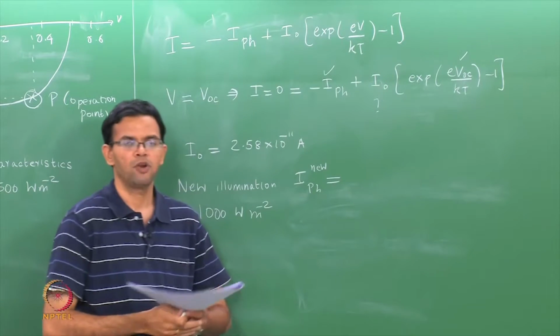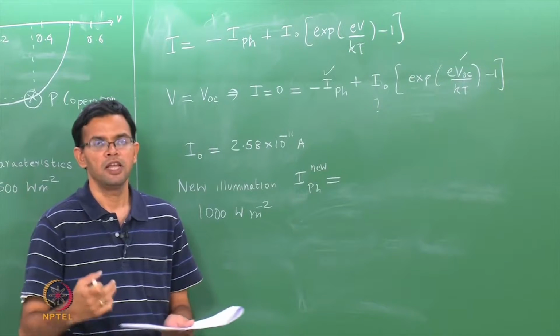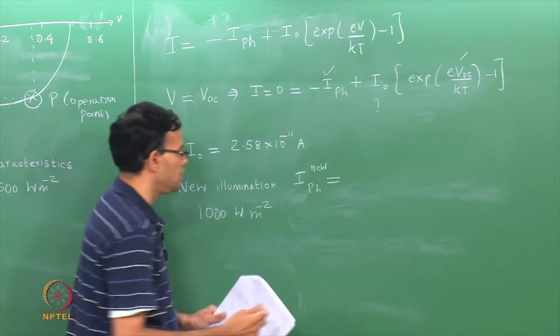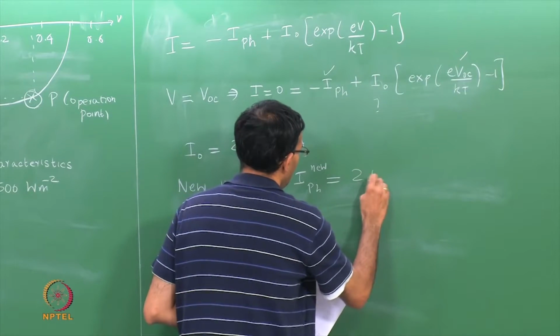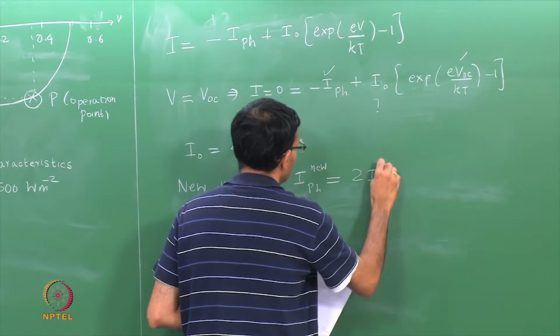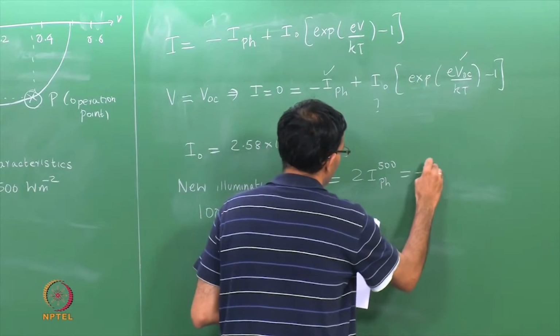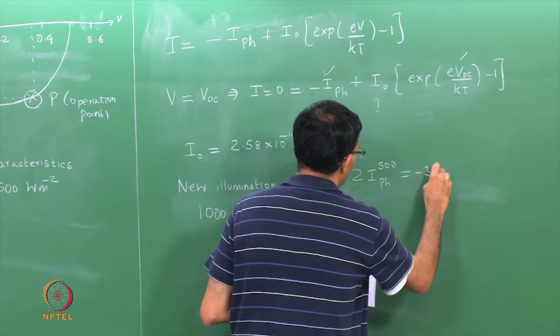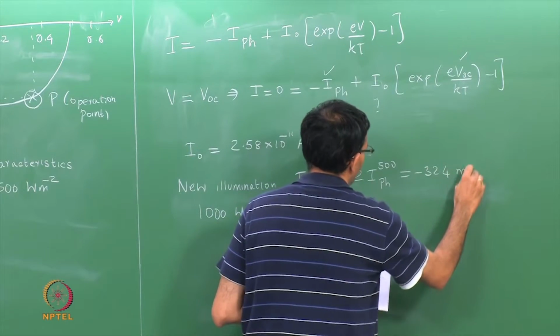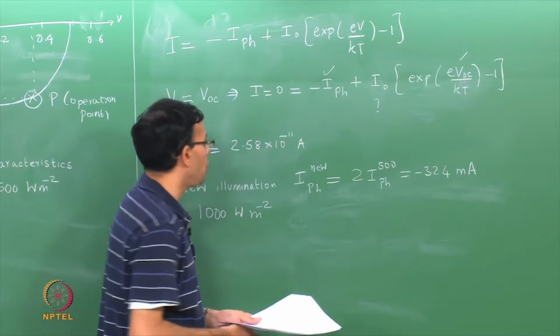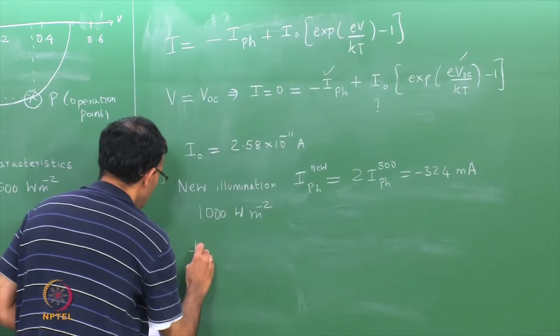In the previous problem we saw that when the illumination is doubled, the short circuit current is essentially doubled. So, IPH nu is 2 times IPH at 500. So, this is minus 32.4 milliamps.